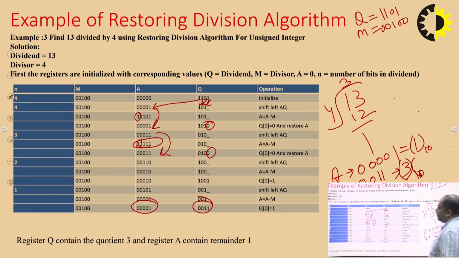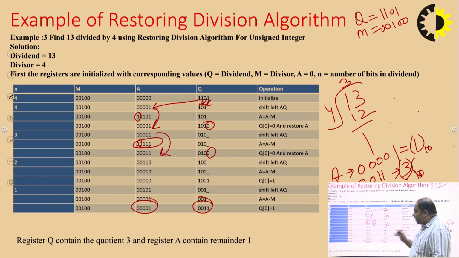Okay. So in this way we can do a division of any unsigned integer using restoring division. After this example, I just want to tell you one disadvantage of restoring division.